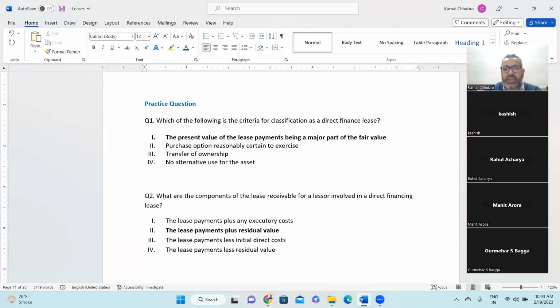If the present value of the lease payments received or receivable is equal to or more than the value of the asset, then it is a sales type lease. Make sense?